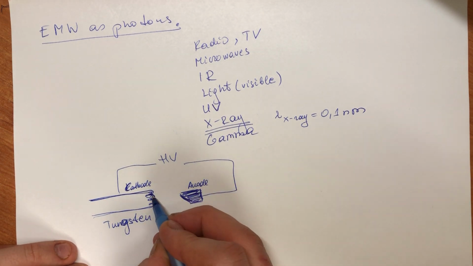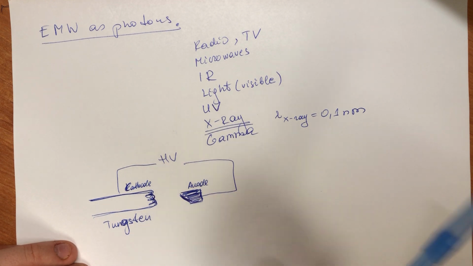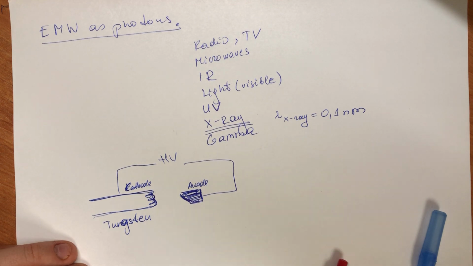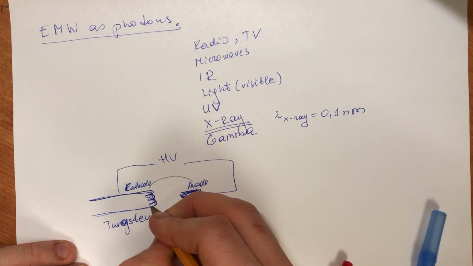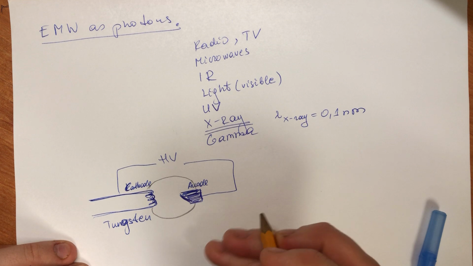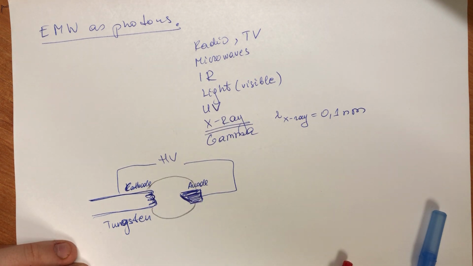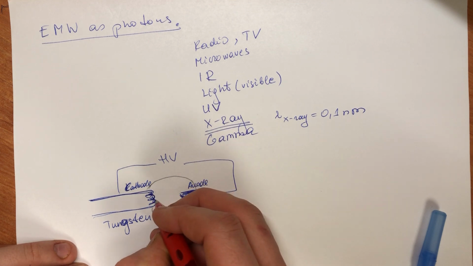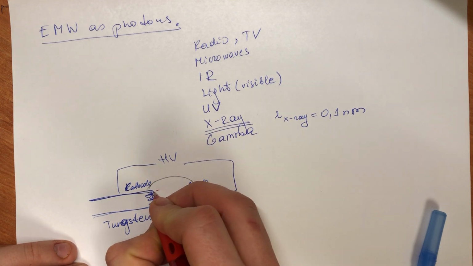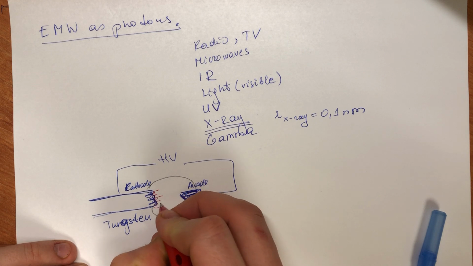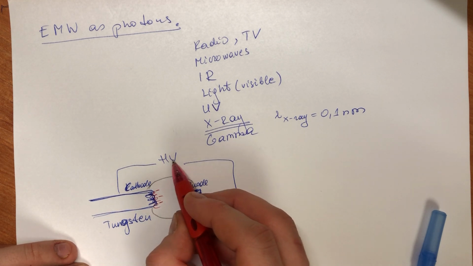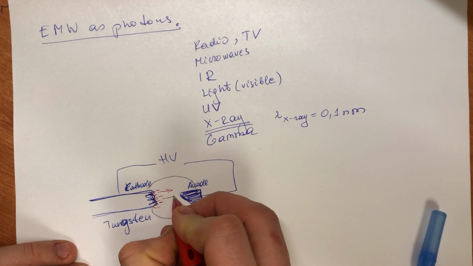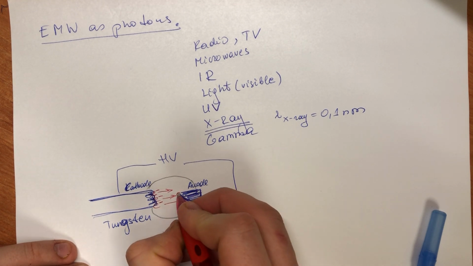And when electrons here are heated, they have energy, and when high voltage is applied, here it is vacuum. So when electrons have high energy, they want to leave this tungsten filament, and when high voltage is applied, the electrons move to the anode and strike it.